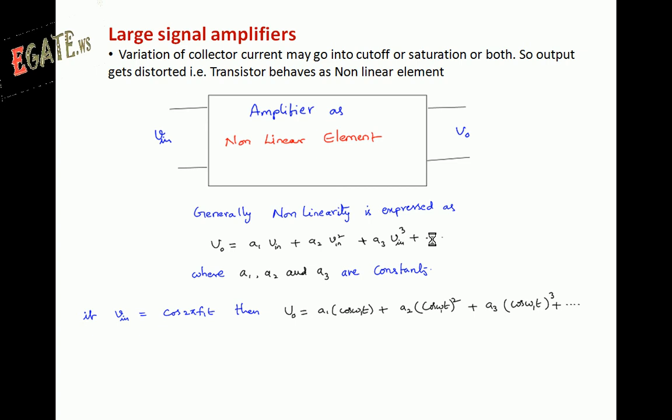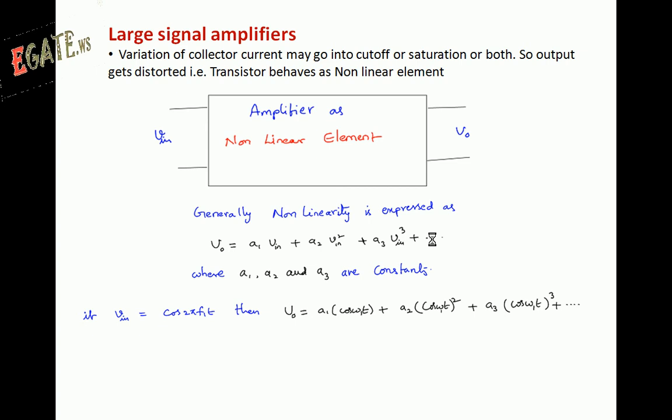So if you observe A1 cos omega 1t, it consists of one frequency f1. Cos omega 1t whole square is nothing but cos 2 omega 1t plus 1, that consists of 2 omega 1, that is 2f1 frequency component. Similarly cos cube is going to consist of 3 omega, and similarly 4 omega, 5 omega, like that you are also getting frequency components.